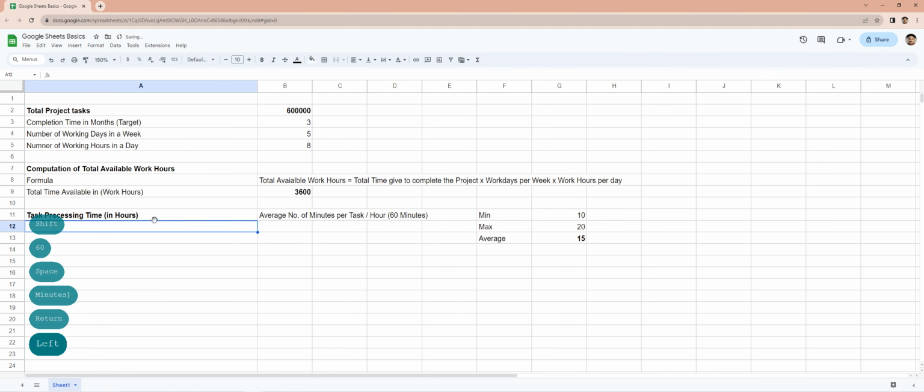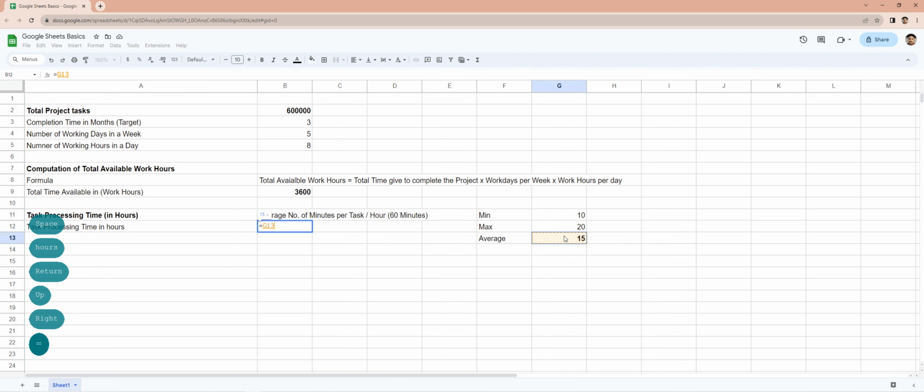So the task processing time in hours will be equal to this average which we have considered, that is 15. Later on, if you want, we can change the values here, and it will automatically take the average from here.